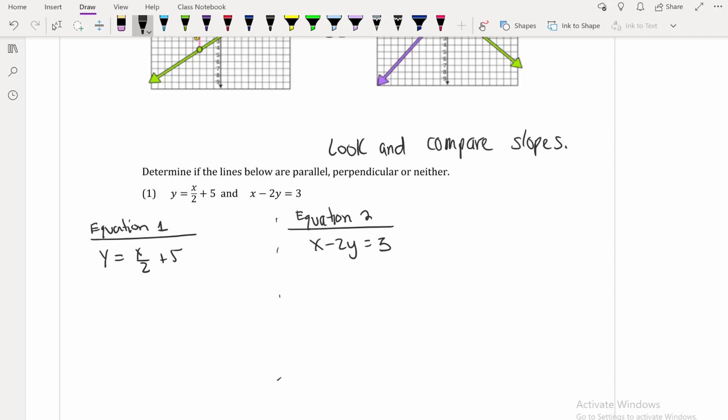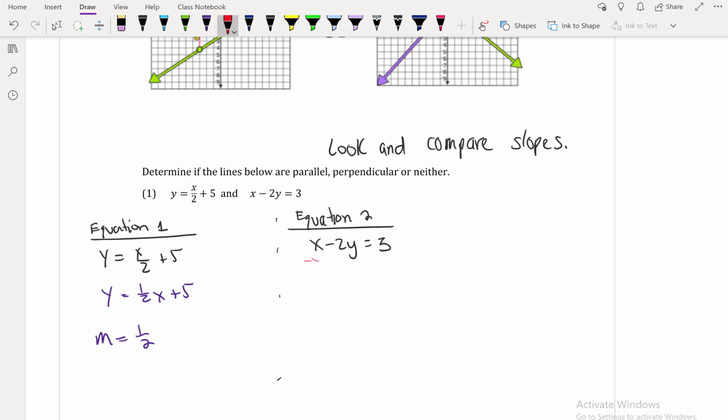For equation number 1, we can rewrite it as y equals 1/2 x plus 5. Notice how it's a little bit easier to see the slope once I pulled that x off. So this tells me that my slope is equal to a positive 1/2. That's from equation number 1. From equation number 2, I have to work on this.